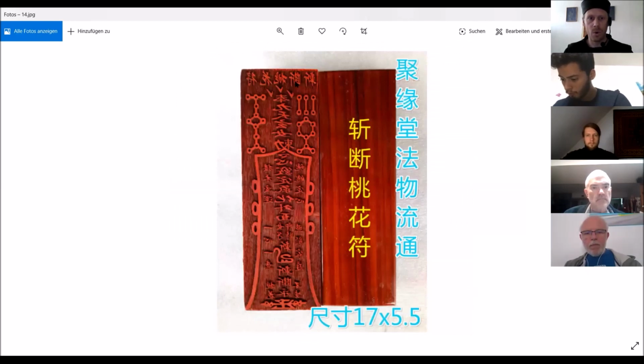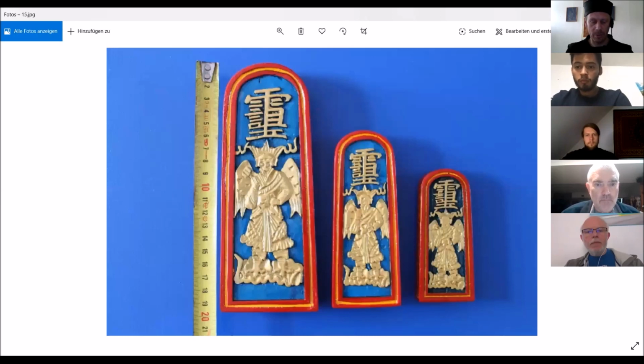It's a fu carved into a piece of wood. This is a new one, but there are very old ones. They use this also to print on papers the whole fu, not only the stamp, but the whole talisman.